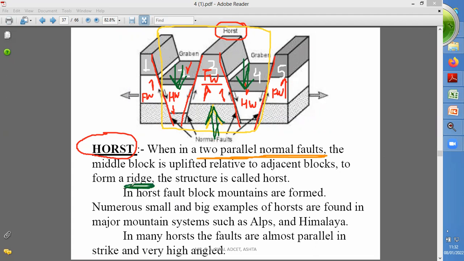Now what is the meaning of ridge? Here the meaning of ridge is mountain, or it is also considered as a hill. So this third block, which is the middle block, looks like a hill or mountain because it is elevated as compared to the two adjacent blocks.